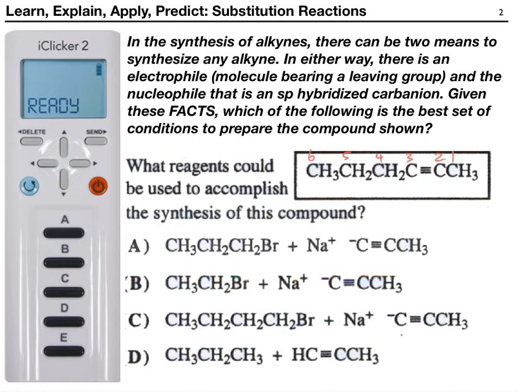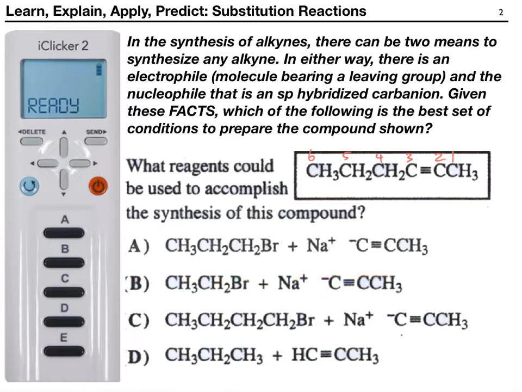If we look at A, B, and C, the common denominator of them is this, the same in all of them, so that's your nucleophile. It would be a nucleophile derived from 1, 2, 3, so propyne. So that's the negative charge, and the sodium counterion's the same.